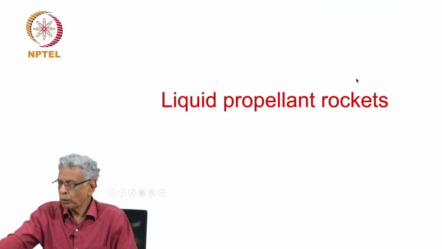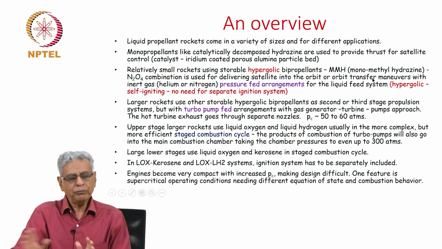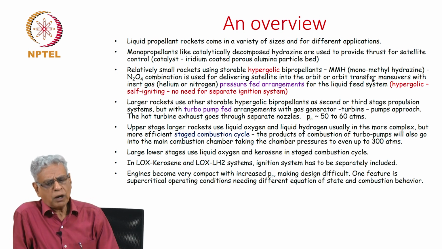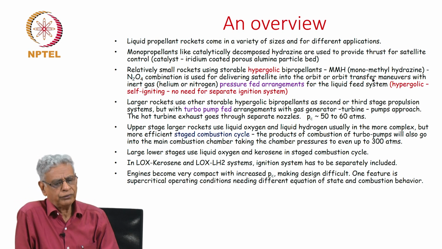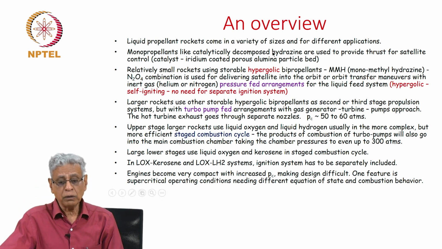Let us switch to liquid propellant rockets. It is a large subject, so let me take a quick overview. Liquid propellant rockets come in a variety of sizes and for a variety of applications. Monopropellants like catalytically decomposed hydrazine are used to provide thrust for satellite control.